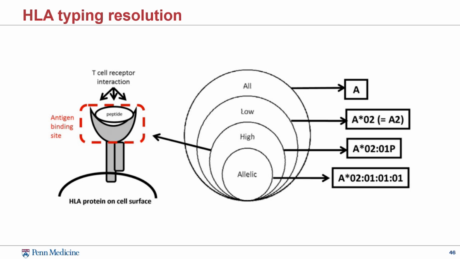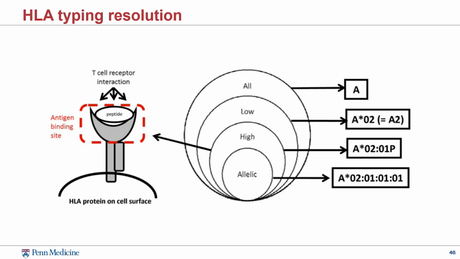And again, it would be like typing me to low resolution would mean that you could type me only to my last name, but you couldn't figure out what my first name is. And this is also usually synonymous with serologic nomenclature, right? So this is what's showing here. This A2 is in that older serologic nomenclature, and the A*02 would be in the newer molecular nomenclature.